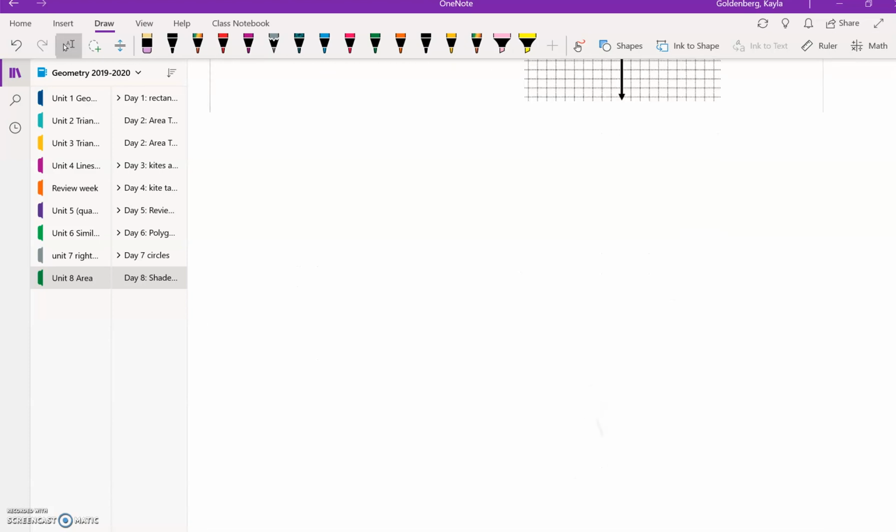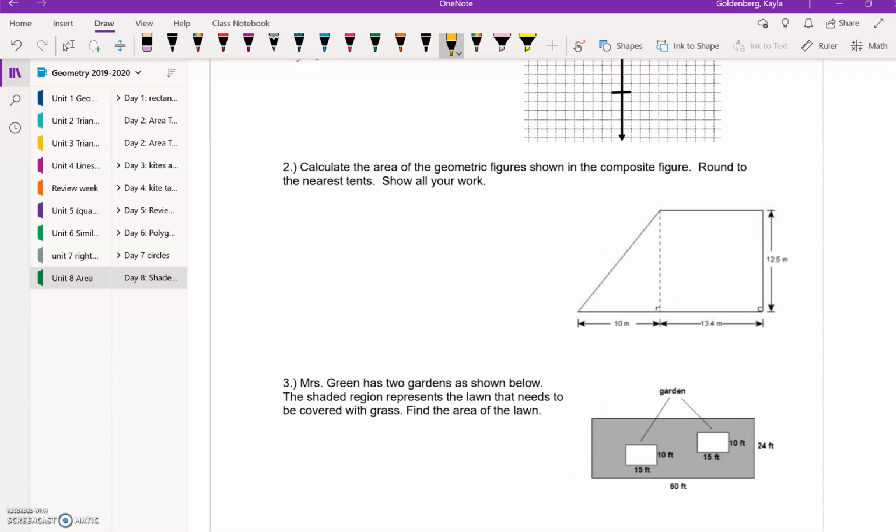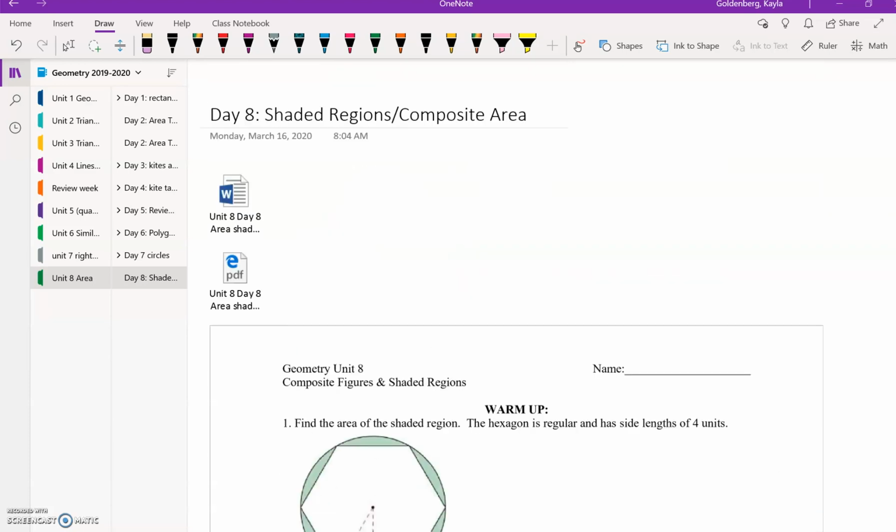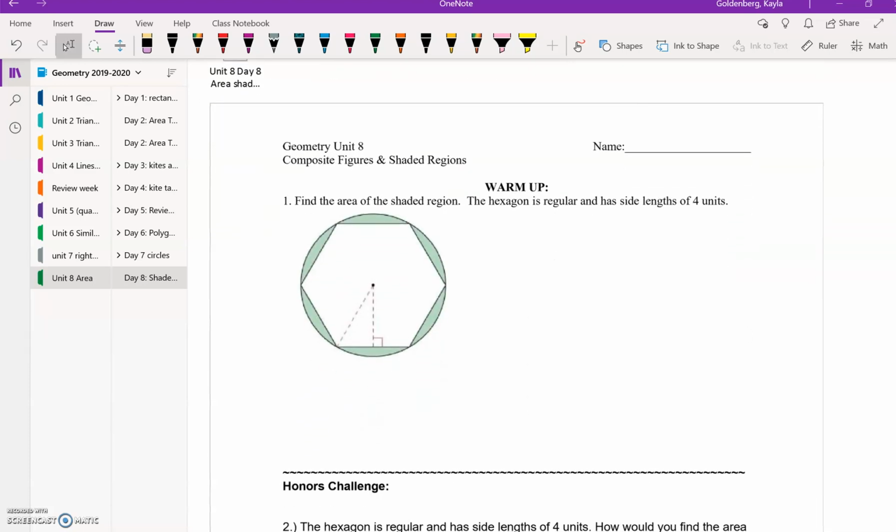So in this case, like number 2, I'm seeing triangles, I'm seeing squares or rectangles. It looks like it's a little bit off from a square. But basically this is going to be a really good day to practice all the different areas we've done and look at areas where we put different shapes together.